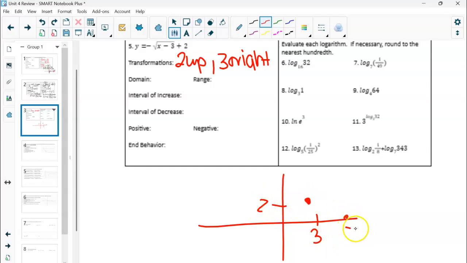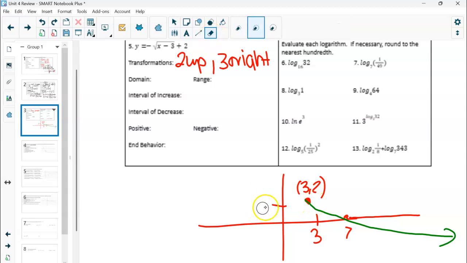And it goes through 7. Okay. I want to acknowledge that. So just a little sketch. Okay. This point (3, 2) is very important because the 3 represents domain and the 2 represents range.